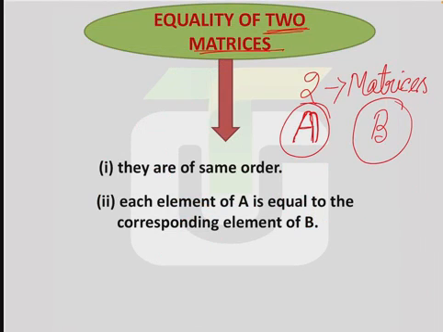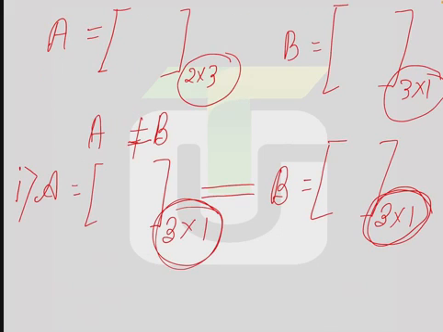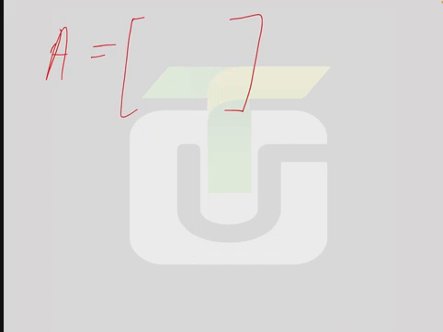And next one is each element of A is equal to the corresponding element of B, right? That means जो A matrix है, right? Suppose A is a matrix of order 3 by 1, right? That means row 3 and column 1, correct? So the matrix will be 5 7 9.